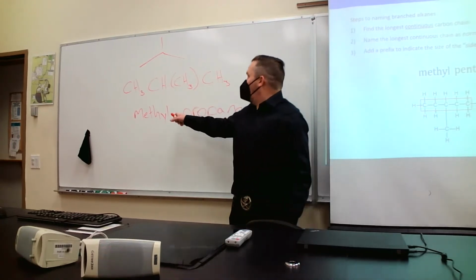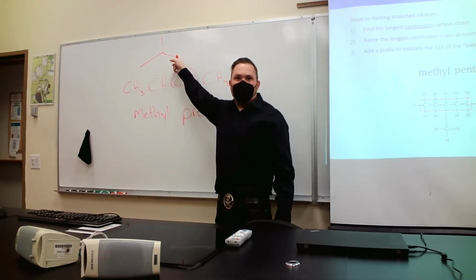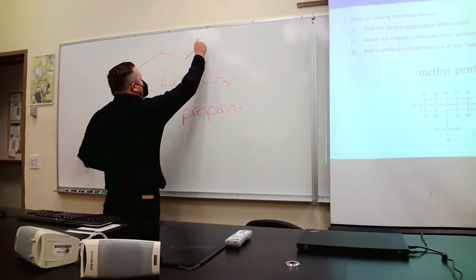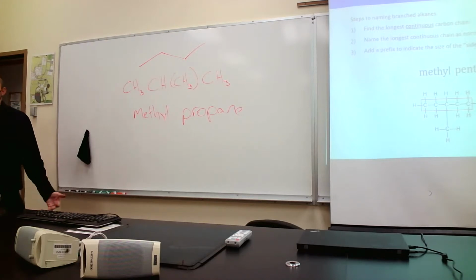We don't have to specify it here, right? Because there's only one place we could put a methyl group on propane. If we try to put a methyl group there on propane, we didn't add a branch, we just made the main carbon chain longer, right? So that just takes it to being butane.